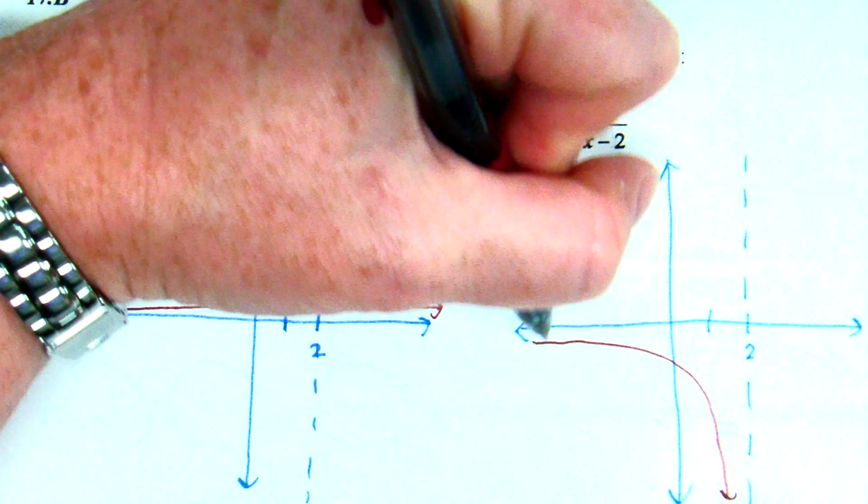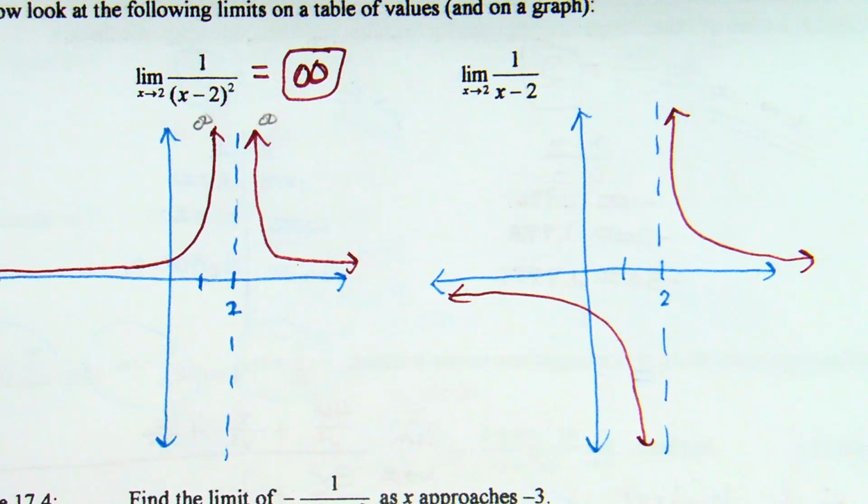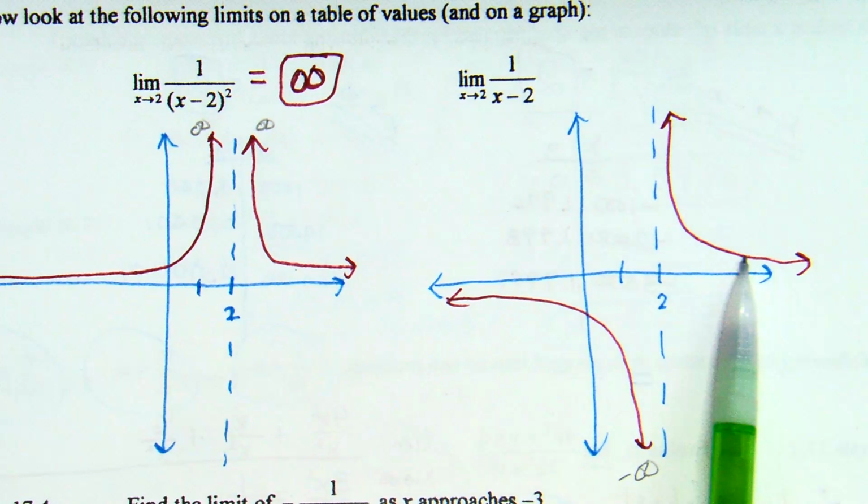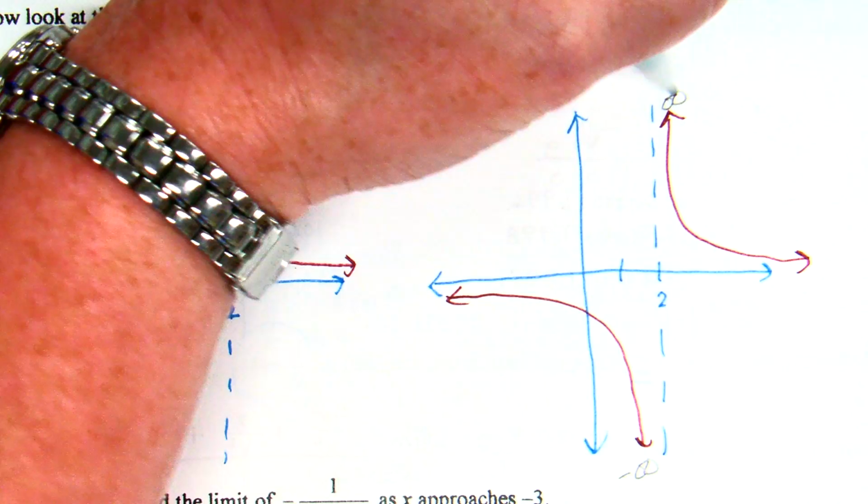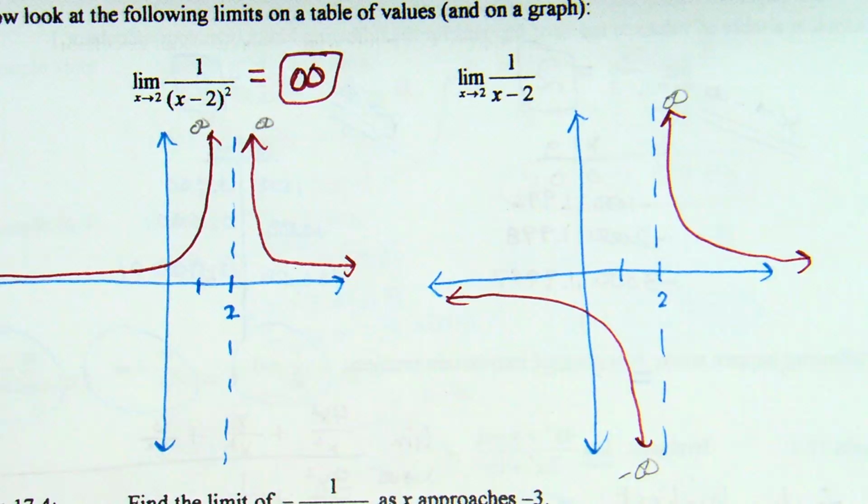So now, this time, the limit is still as x approaches 2, yes? What happens on the left as x approaches 2? My graph is going down to negative infinity. What happens on the right as my graph approaches 2? It's going to positive infinity. Are negative infinity and positive infinity the same thing? So what about this limit?